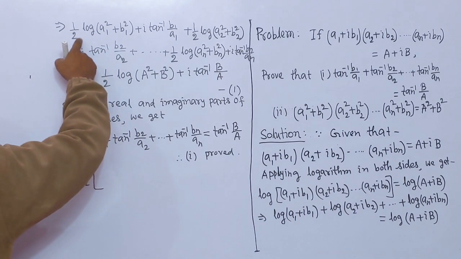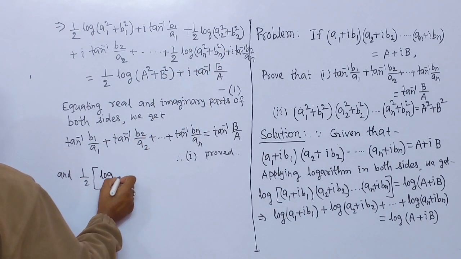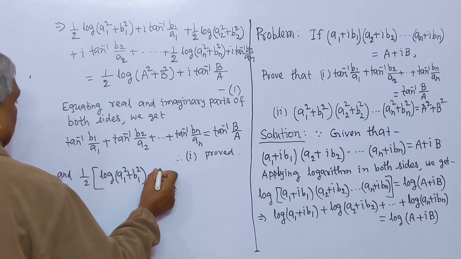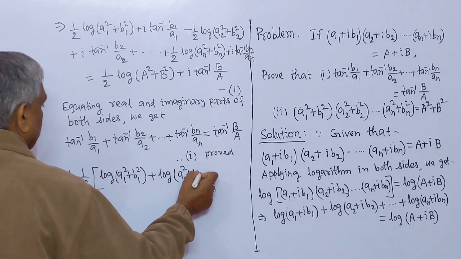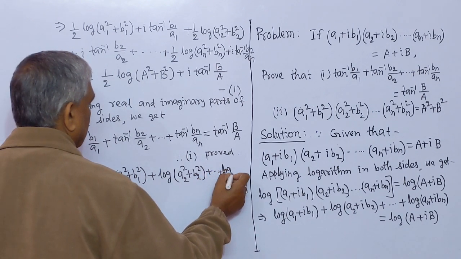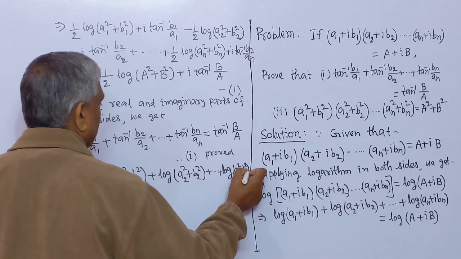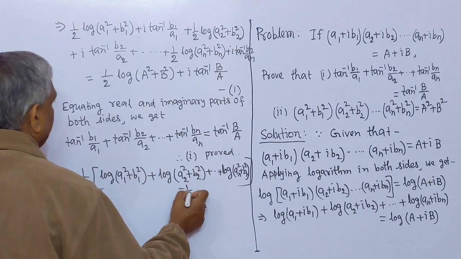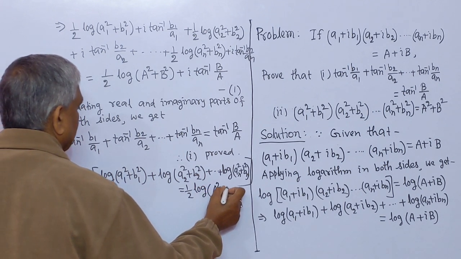Equating real parts: half, here half, log (A1 square + B1 square) plus log (A2 square + B2 square) plus dot dot dot plus log (An square + Bn square) equals right side half log (capital A square + capital B square).